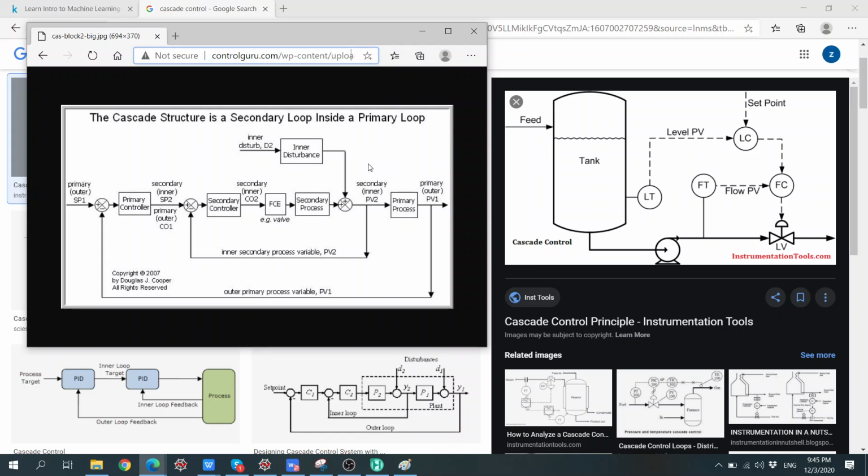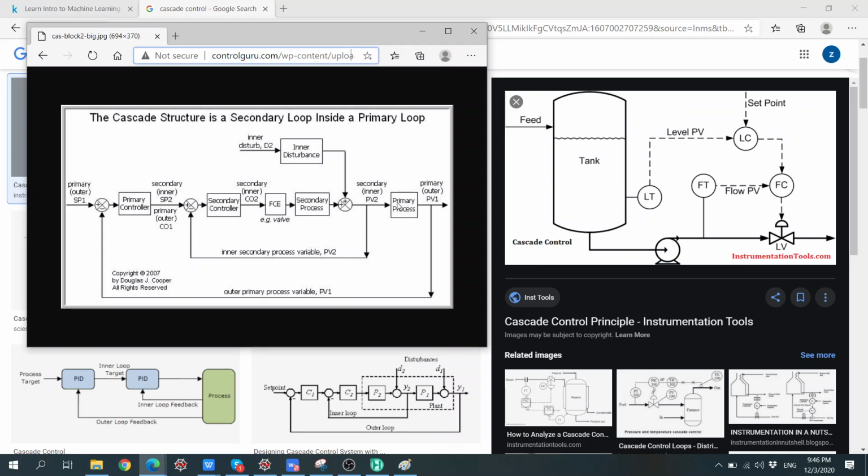Yeah, and in this case, you might wonder why I did not explain this part. This part is basically the disturbance into the system. This is what we call the feed, because this feed flow rate just goes up and down according to whatever it wants to be, because we don't have any control over here. So if the flow coming in is lower, that means the level can drop.